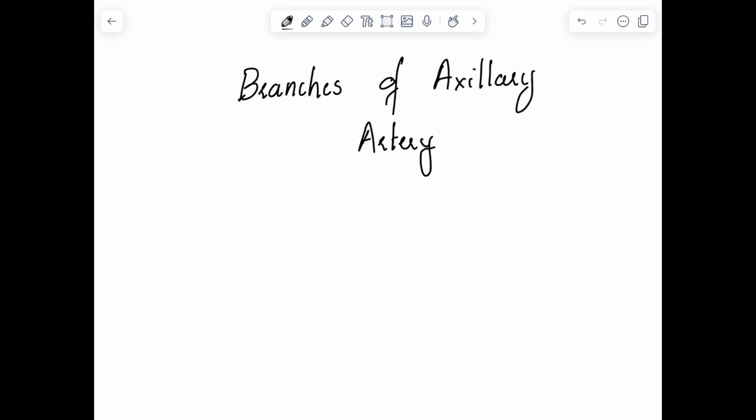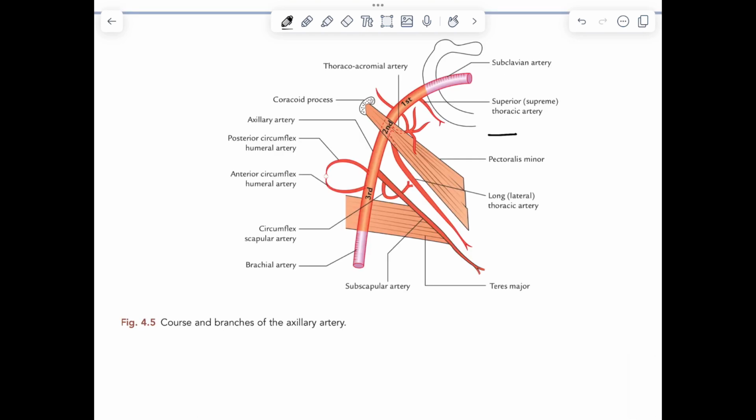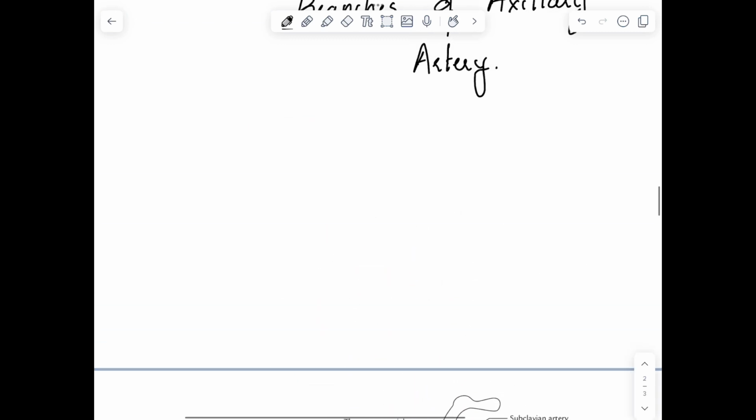So the branches: from the first part there is one branch, from the second part there are two branches, and from the third part there are three branches. So that is how we have it. We remember it with a mnemonic, SALSAP.